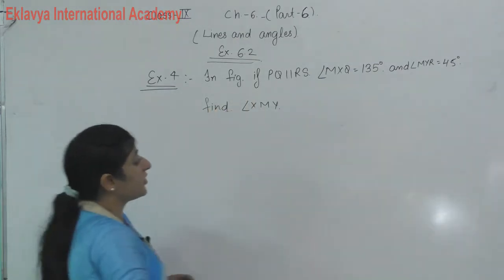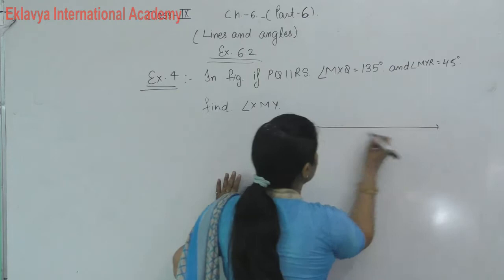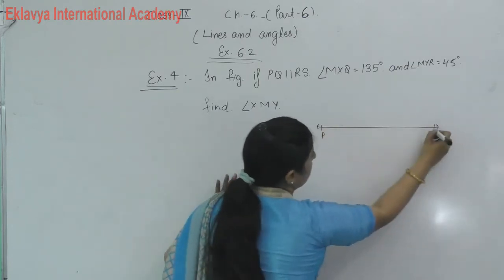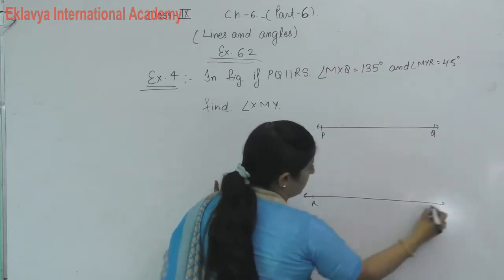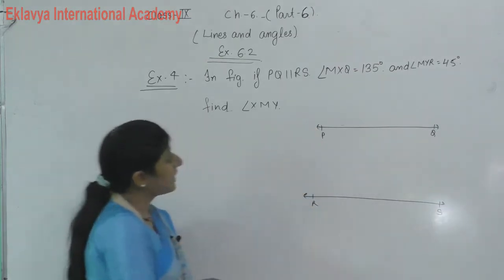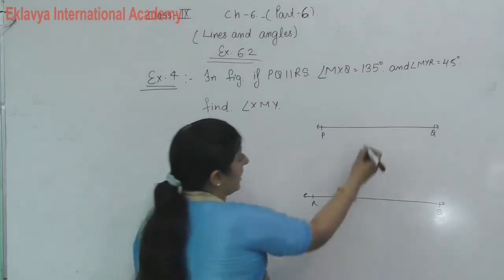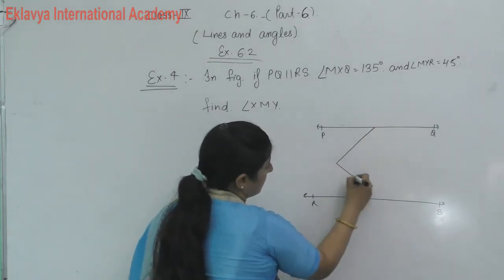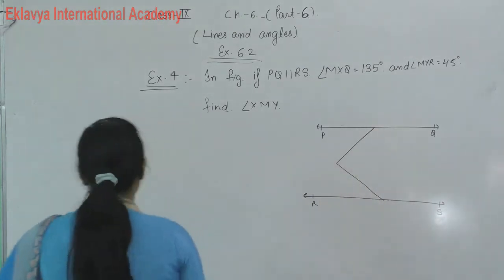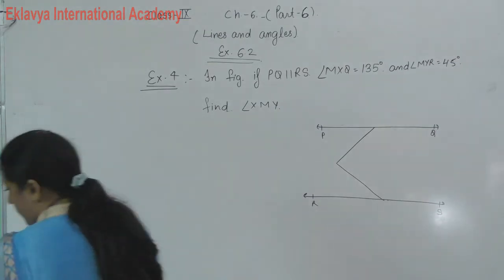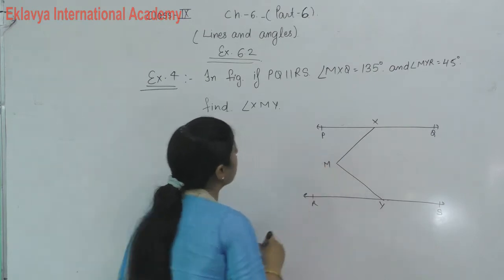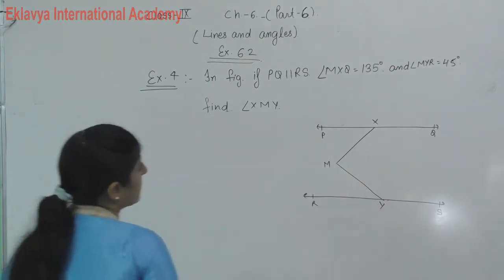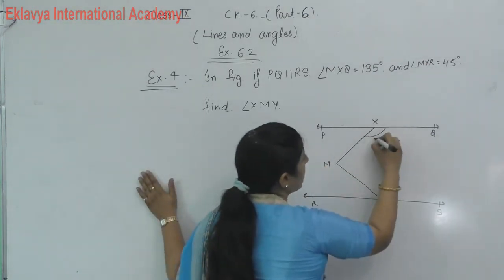What is given to you in the figure? PQ parallel to RS. Here X, Y, this one is M. MXQ, it means this angle, is 135 degrees.